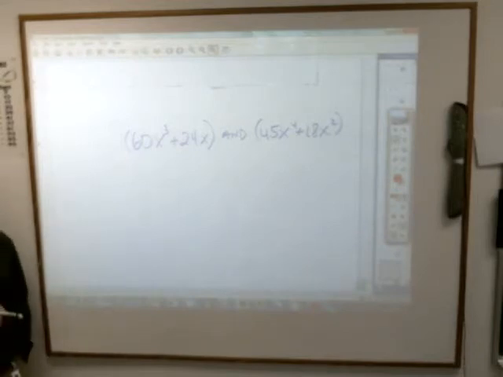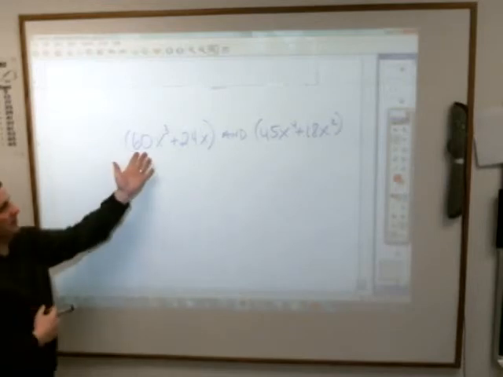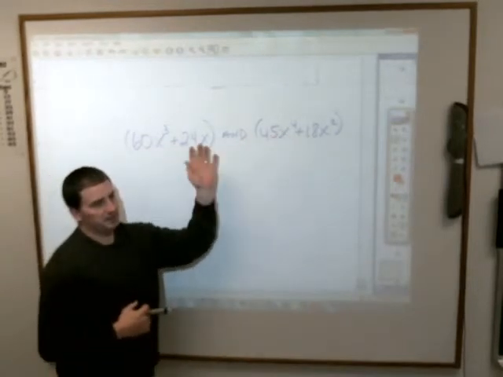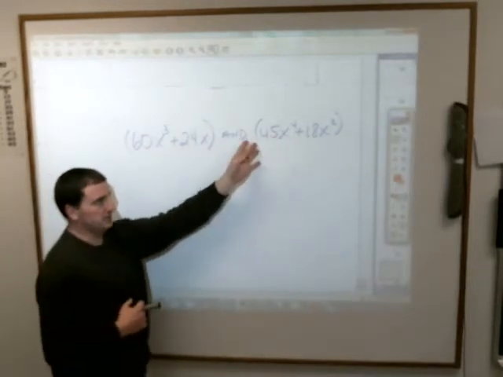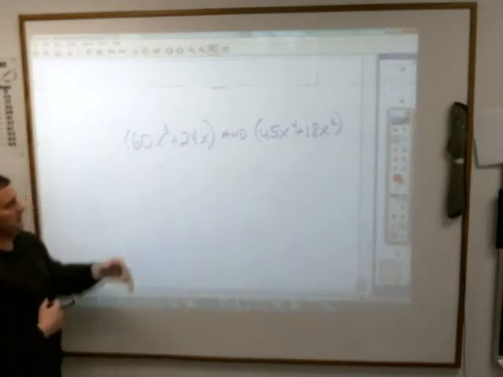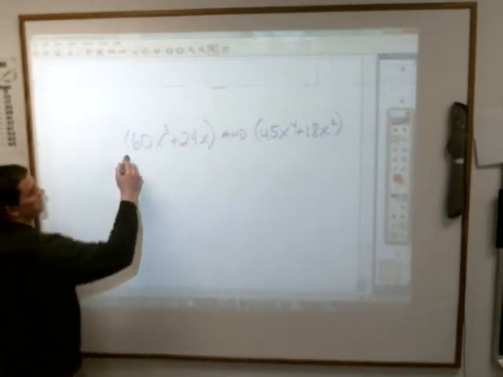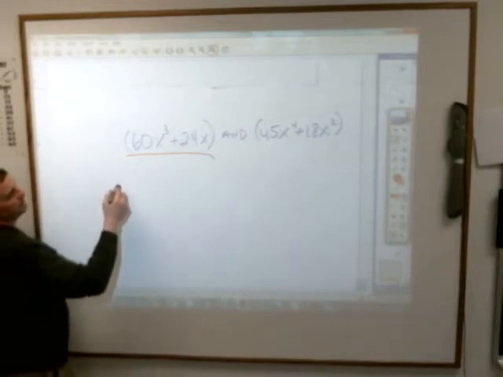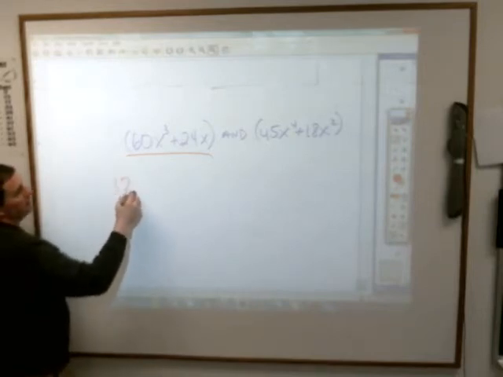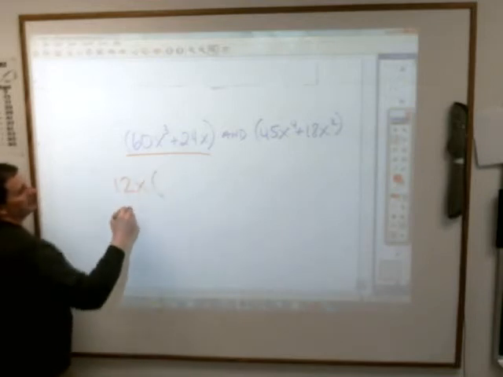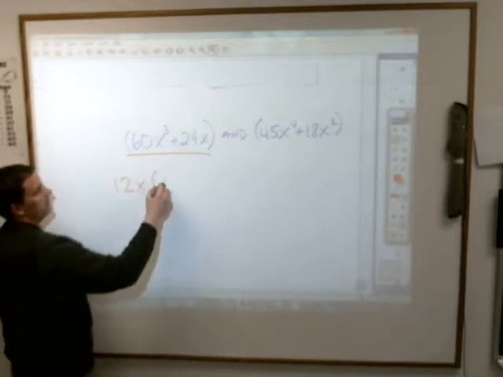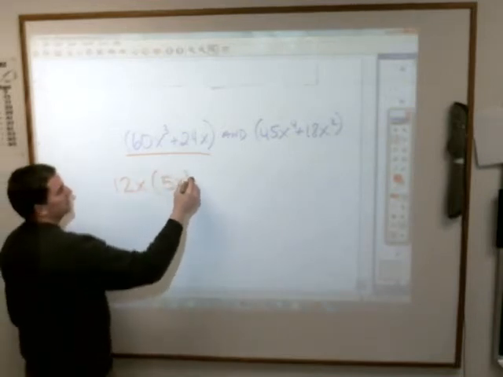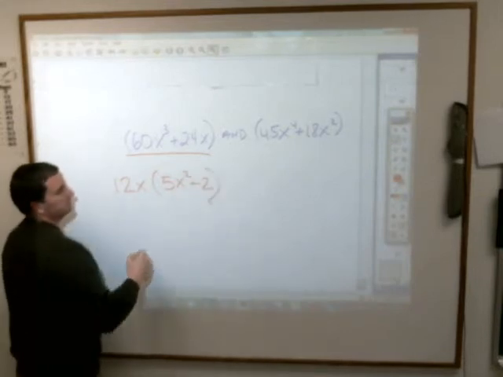Well, the first thing you have to do in this case is factor out, because there are no factors even there. This is just kind of one term. So what can you take out of this first term? 12x. You take a 12 and an x out, and when you take that 12x out, you're left with 5x squared plus 2, correct?